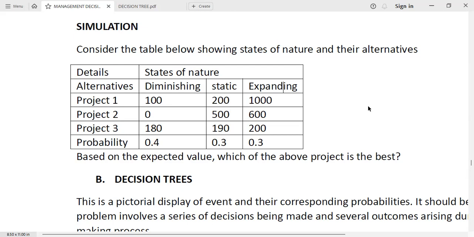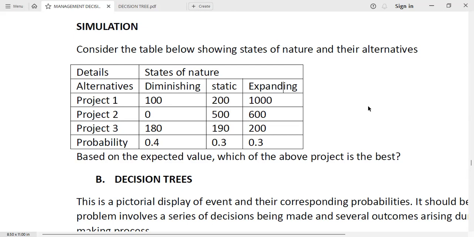They are saying that consider the table below showing the states of nature and their alternatives. The states of nature, we have them. They have also given us the alternatives. Alternatives, we have projects, project 1, project 2, and project 3. Then we have also the probability. The states of nature, we have diminishing, static, and expanding. Those are the states of nature that we have.